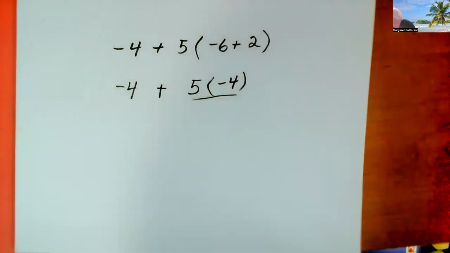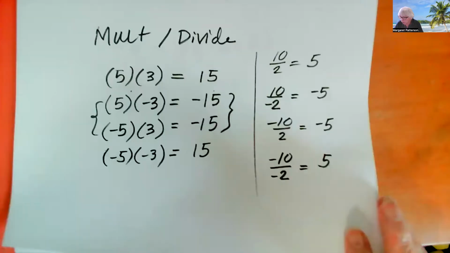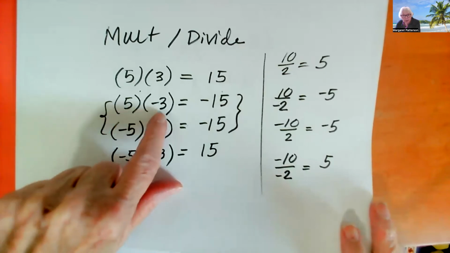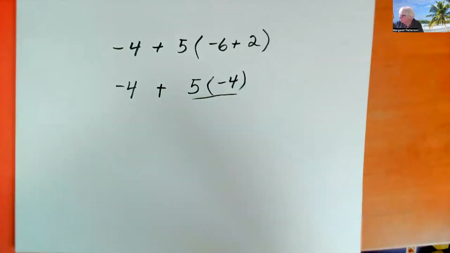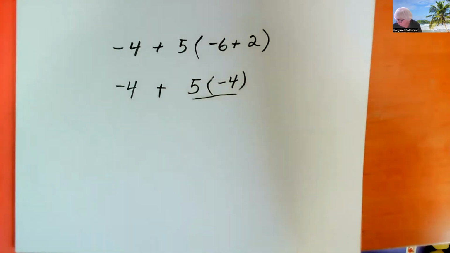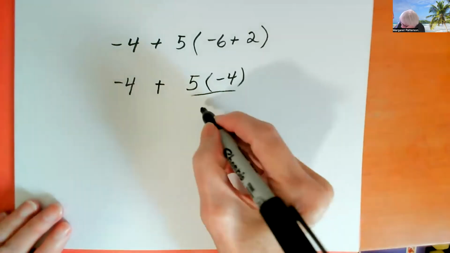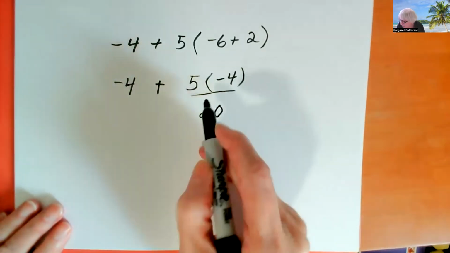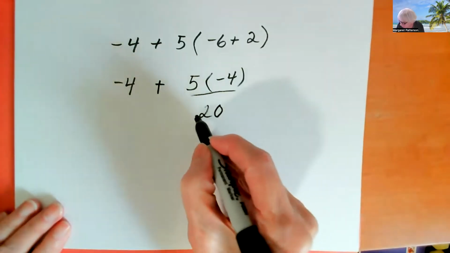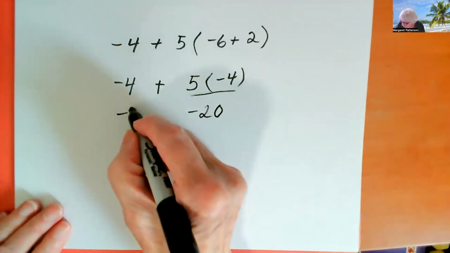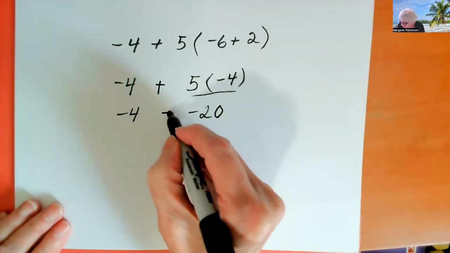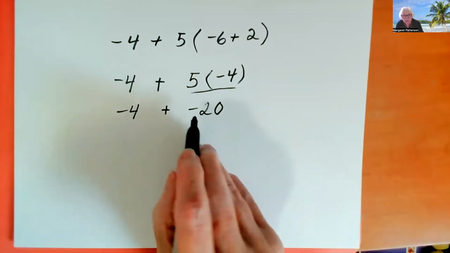Nope, not that page. When it's a positive times a negative, it's a negative. So 5 times 4 is 20. Positive times negative is negative. So what I ended up with is -4 plus -20.